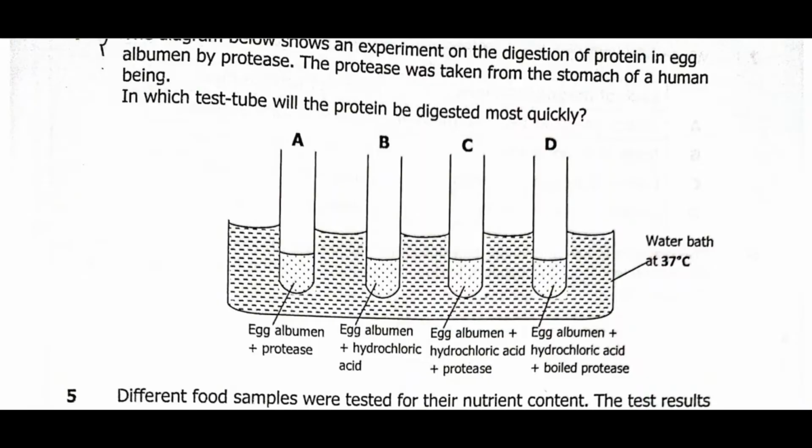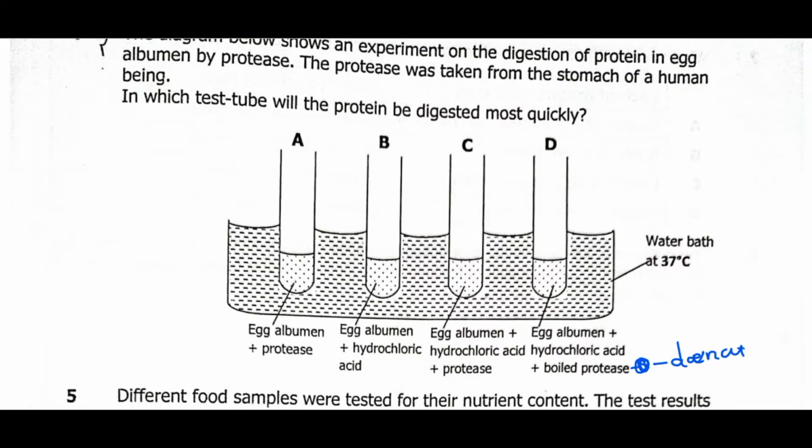Now let's look at the temperature of the water. The temperature of the water bath is at 37 degrees Celsius. Now here we are told boiled protease. So in this one there is no reaction because it has been denatured.